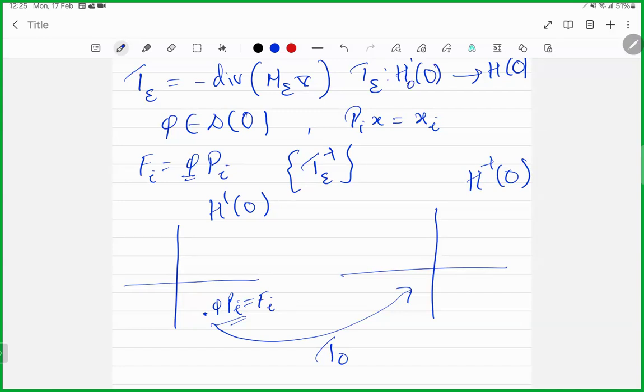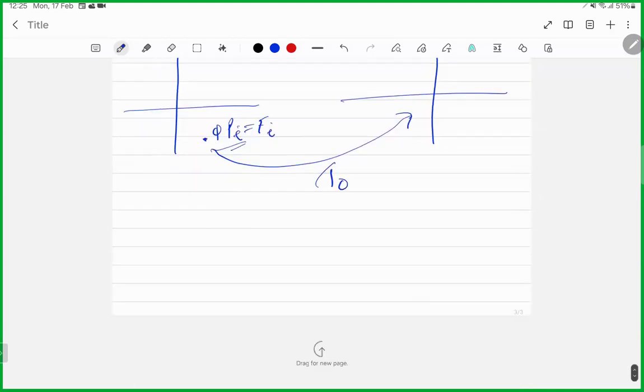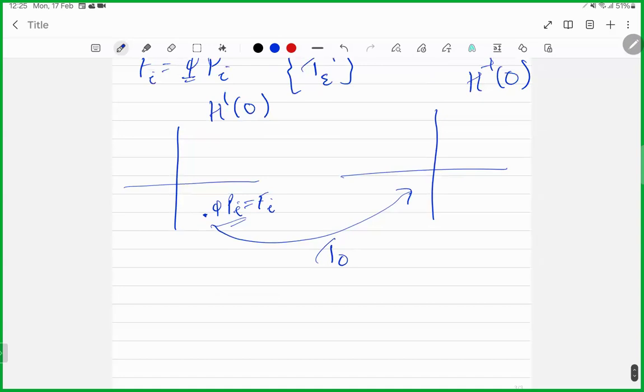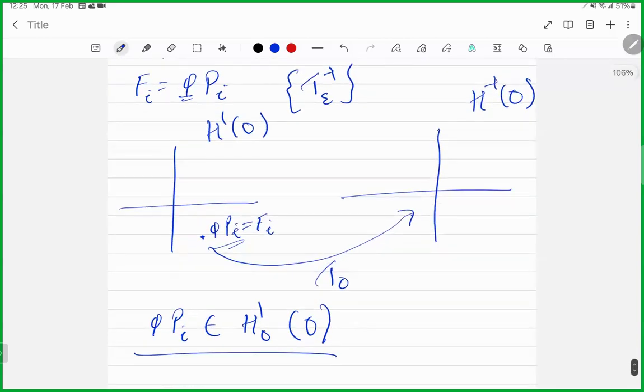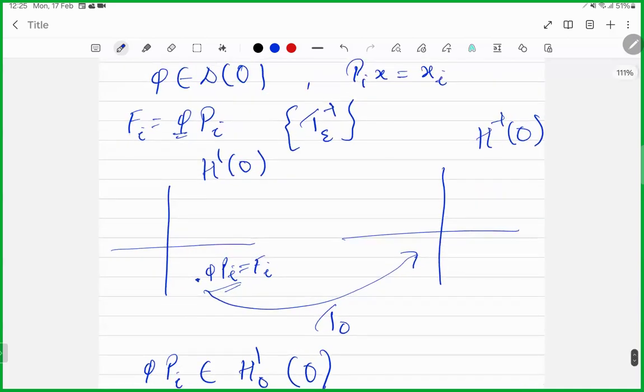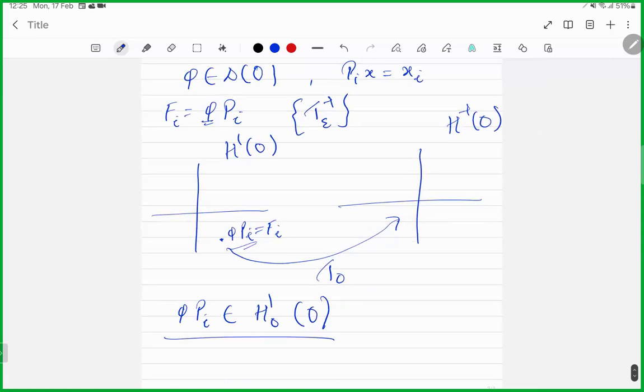I should mention that once I use Pi, phi Pi is actually in H10 of O. Now I use T epsilon on H10 of O and I get T naught, which is the weak operator topology limit.